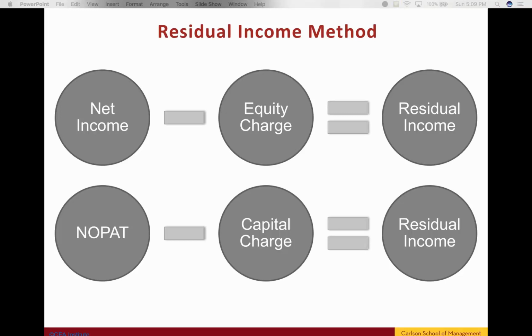The residual income method looks at your book income, your net income, and you're forecasting the company's expected growth based on that book income. You put a residual or an equity charge on that book income, known as the required return on equity.